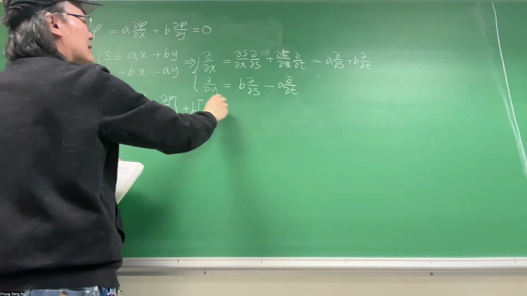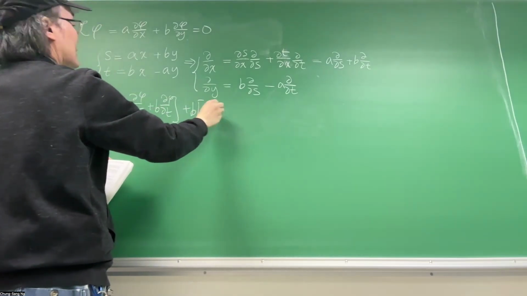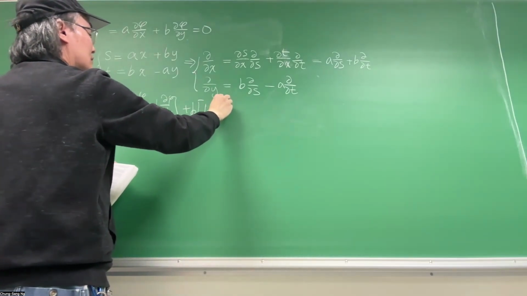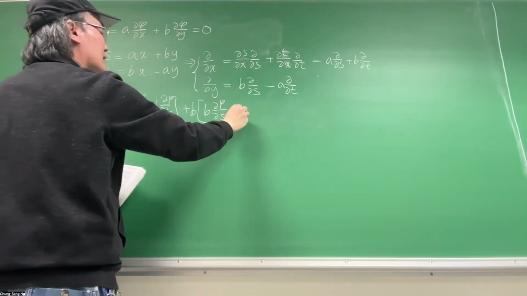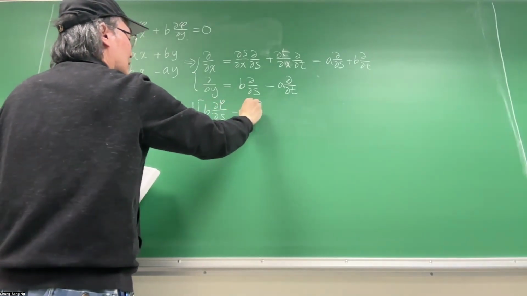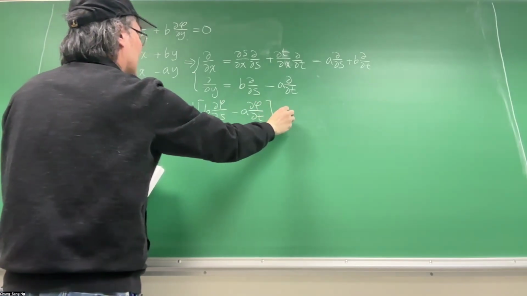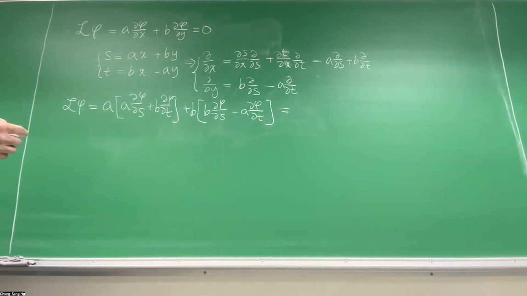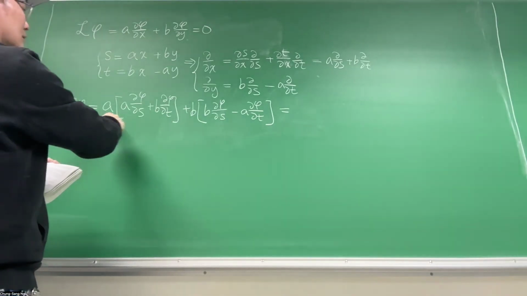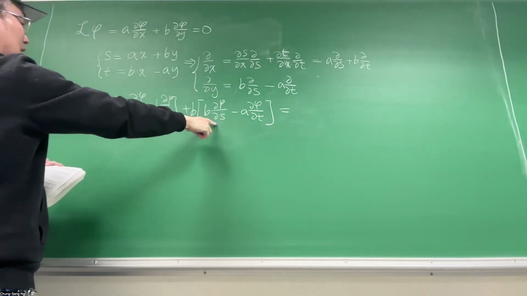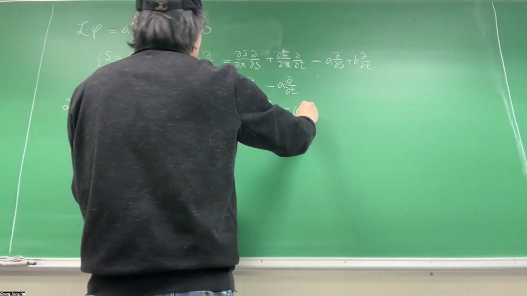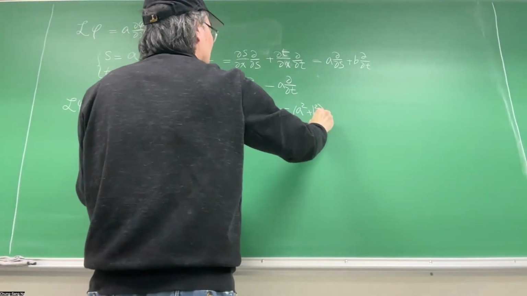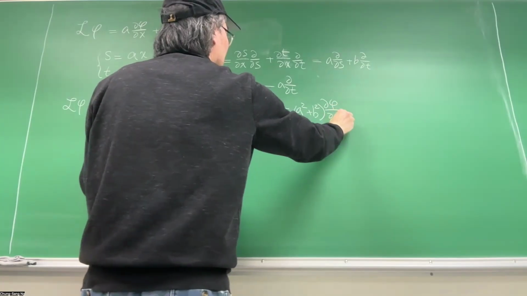So b, and then b is partial phi partial s minus a partial phi partial t. What you can see is that you group the partial phi partial s: a squared plus b squared times partial phi partial s.